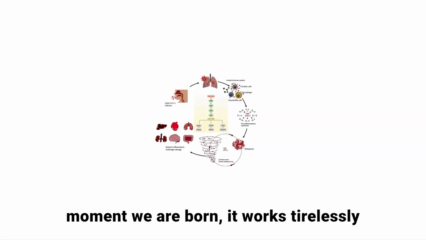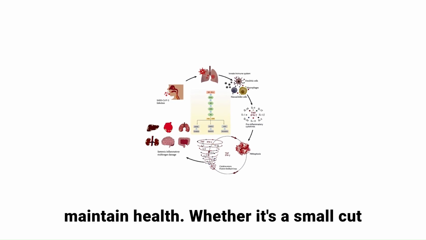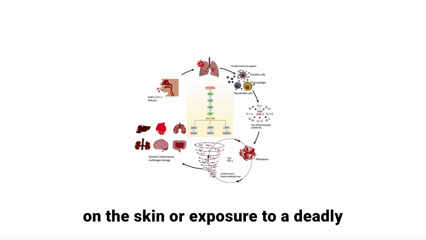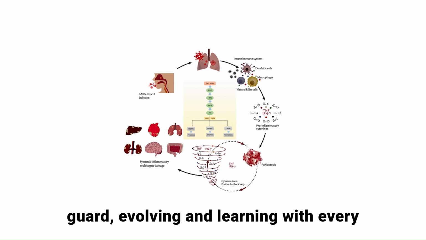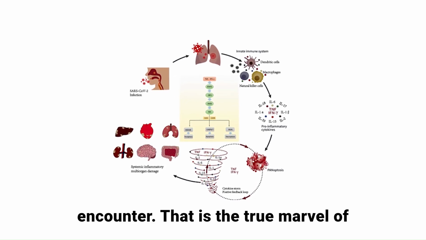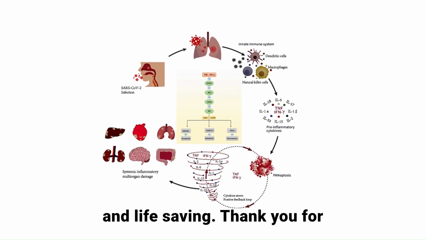From the moment we are born, it works tirelessly to protect us, adapt to new threats, and maintain health. Whether it's a small cut on the skin or exposure to a deadly virus, our immune system is always on guard, evolving and learning with every encounter. That is the true marvel of biological defense, silent, complex, and life-saving.